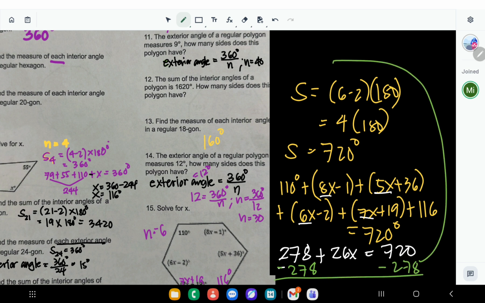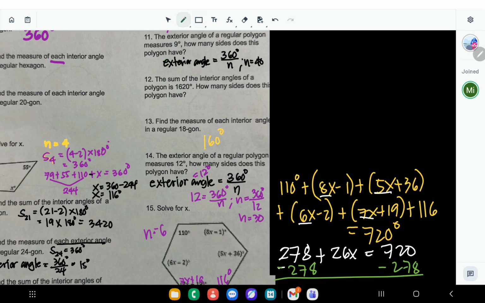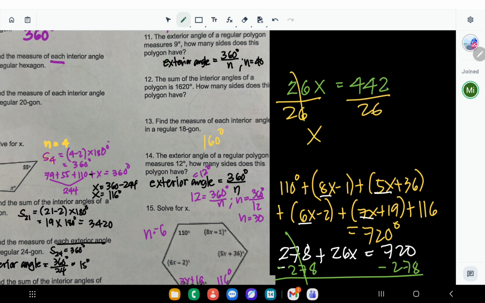So this cancels out, so we're left with 26x equals 720 minus 278. Okay, 442. Then we divide both sides by 26. What did you get? Okay, 17. So x is equal to 17.